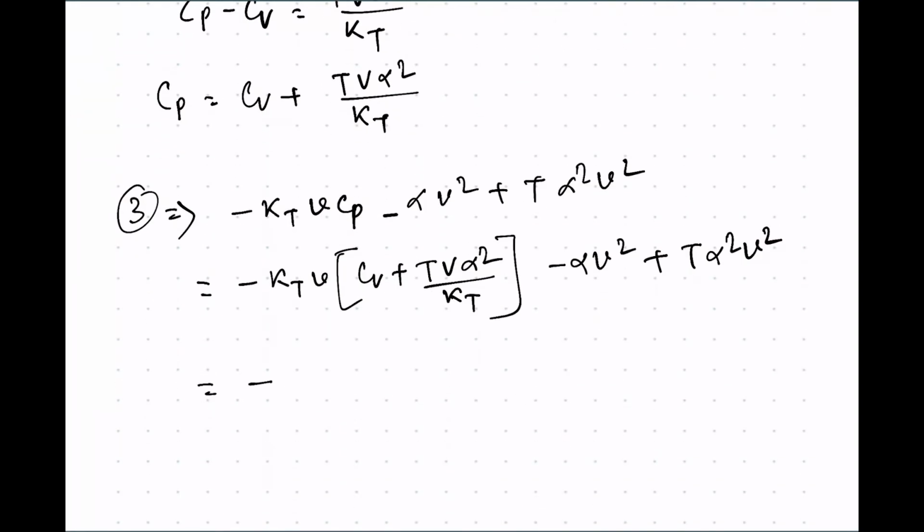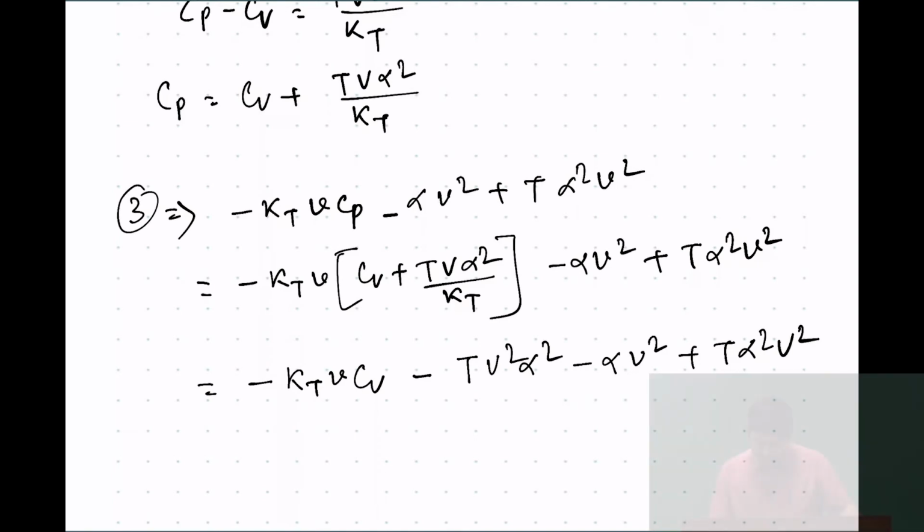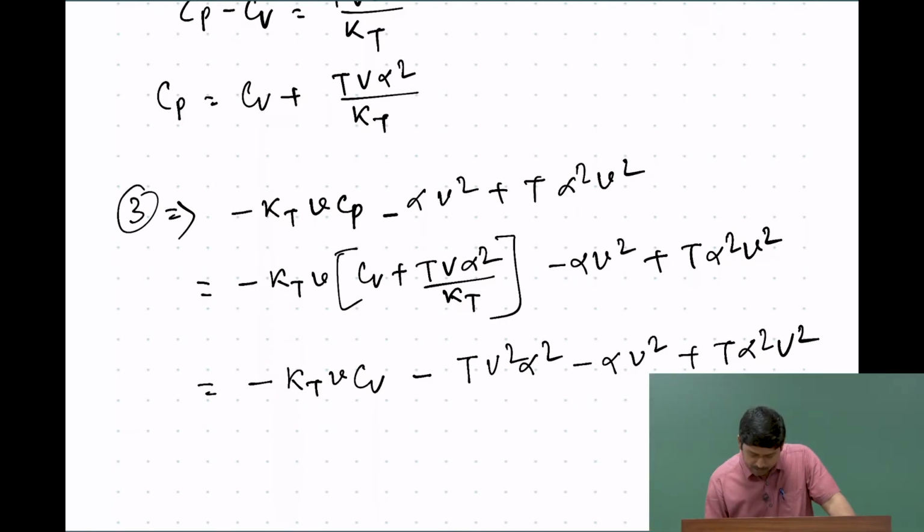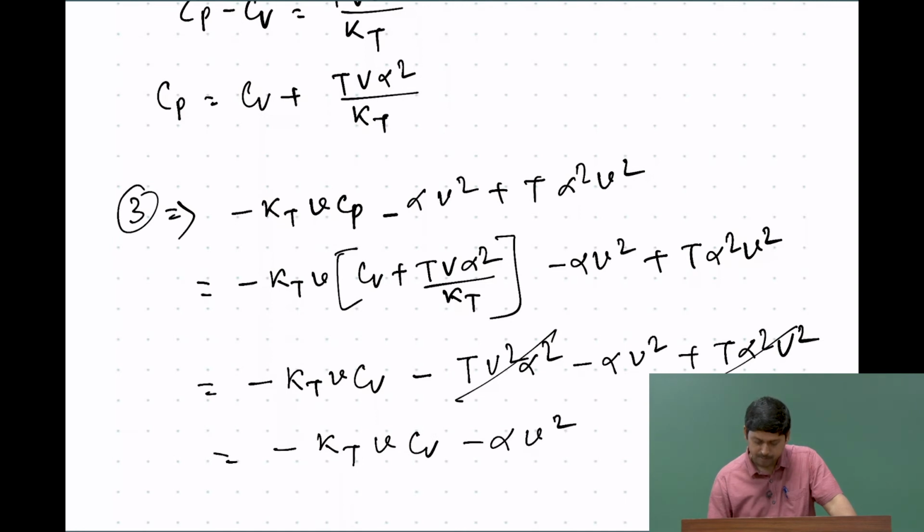When you multiply that, we get minus kappa T v C v, kappa T cancels, minus T v square alpha square minus alpha v square plus T alpha square v square. Now these two terms cancel, giving us minus kappa T v C v minus alpha v square.